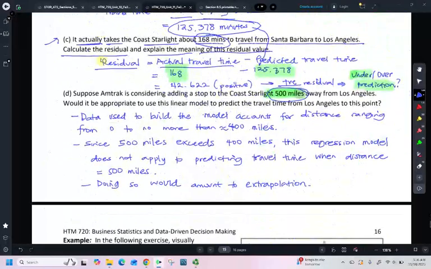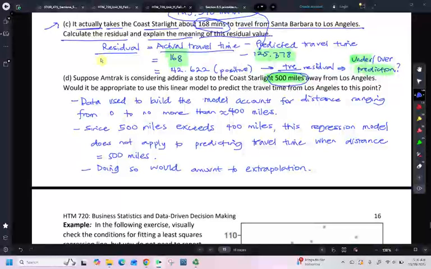So in this case, data used to build the model accounts for distance ranging from 0 to no more than approximately 400 miles. What we are trying to predict exceeds that range. It is exceeding the topmost value of values used to fit the model. We do not know the behavior of the model past 400.